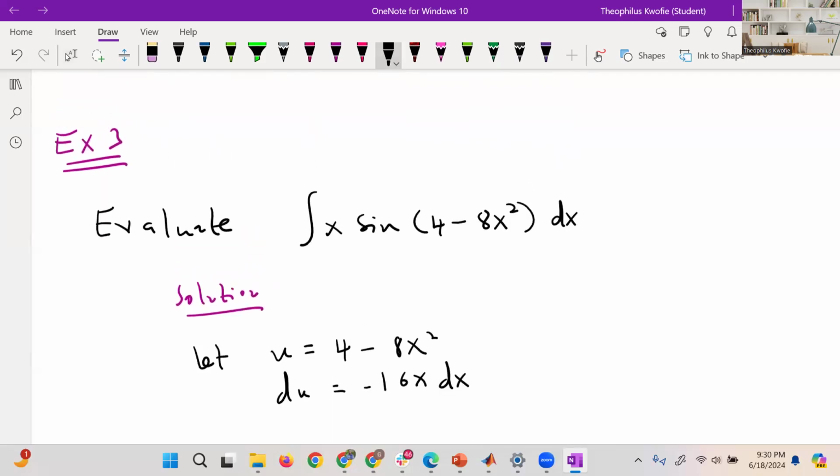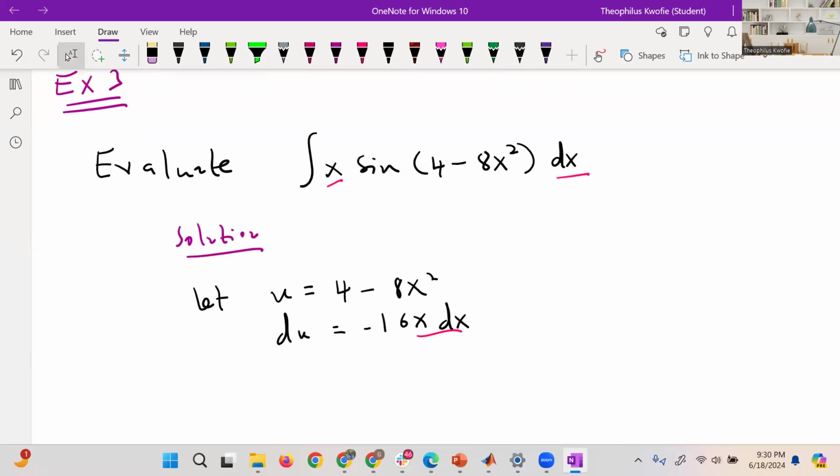We have x here and we have the x here, so you want to separate that, which means that we're going to have du on 16 equal to x dx, so that anytime we get here, we can just plug in.